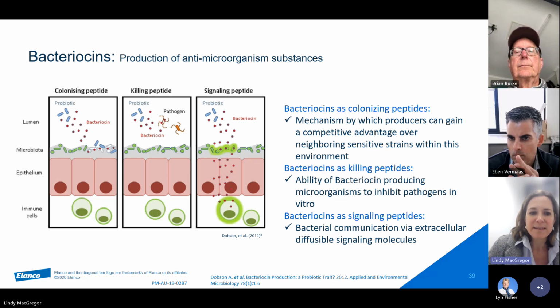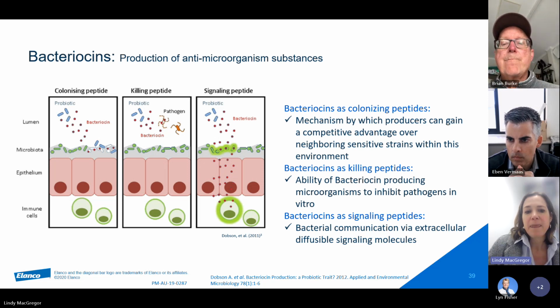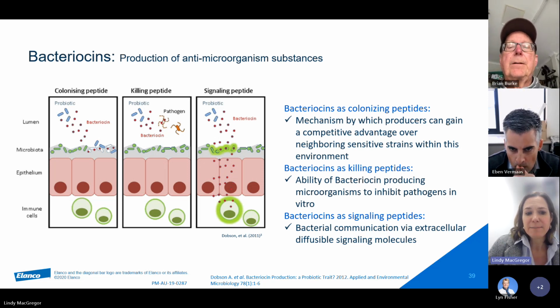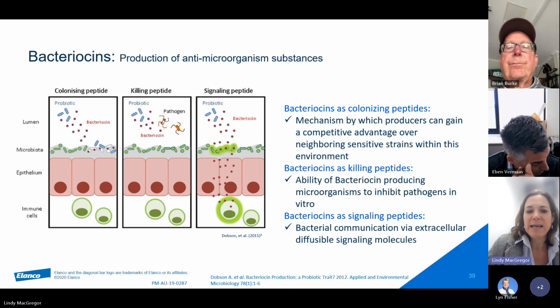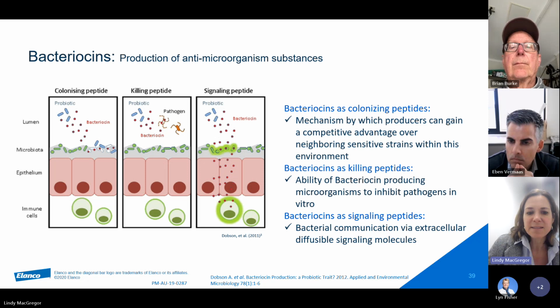If we look at it visually, there are a number of ways in which they benefit the gut. The first way is these bacteriocins. If you look at the first diagram here, the blue is your probiotic that is being fed. They produce these little red dots, which are the bacteriocins. Now these can facilitate the probiotics to establish themselves in the gut by making the environment more beneficial towards them. The second way is that these bacteriocins can directly affect pathogens in the gut, so they have a killing action directly in the gut.